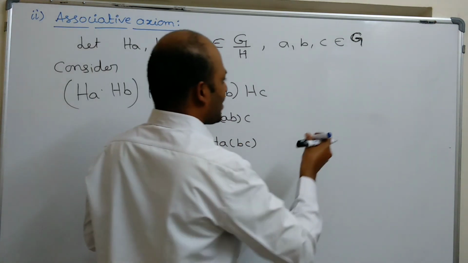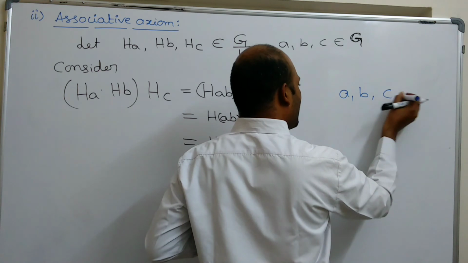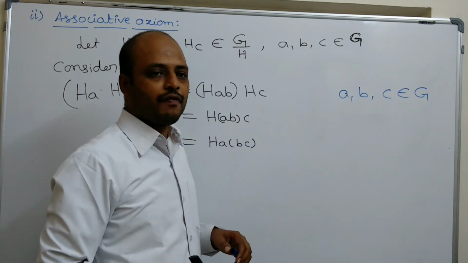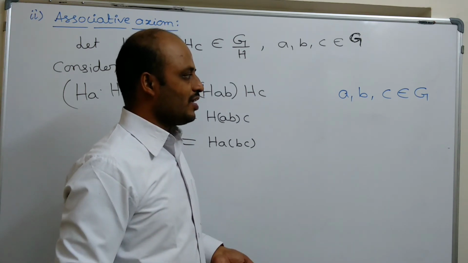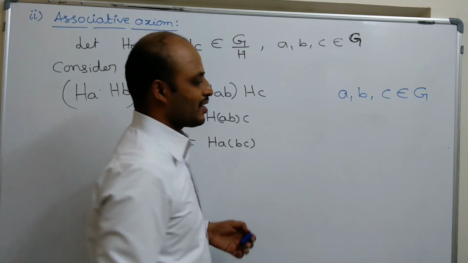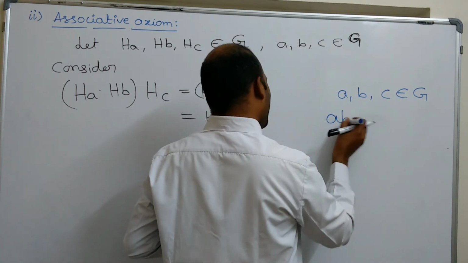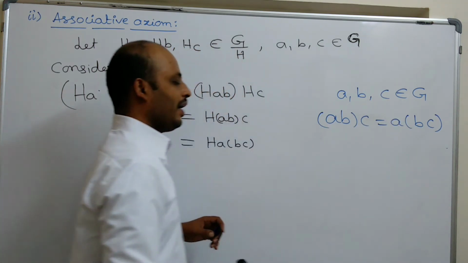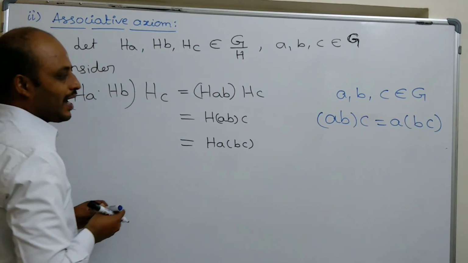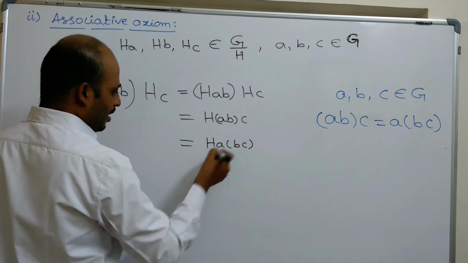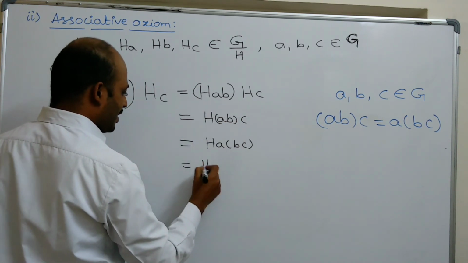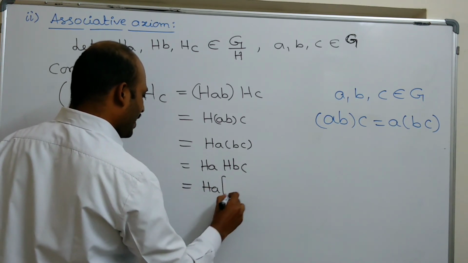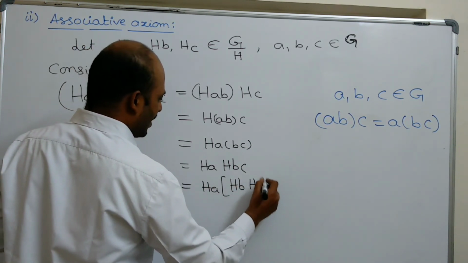You observe that A, B, C are elements of group G. Because G is a group, it satisfies the associative axiom. Therefore, (AB)C is equal to A(BC). We apply here the product of cosets: HA into HBC, which is equal to HA into HB into HC.